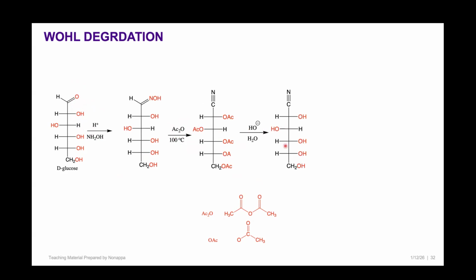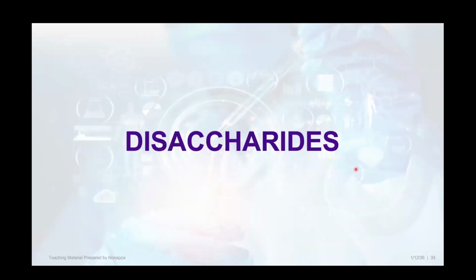Then you can further treat it with the base. You will end up having your aldehyde. So we have 1, 2, 3, 4, 5, 6, and at the end we will have only 5 carbons. If you do one more step, then you have 4. One more step, we have 3. That is glyceraldehyde.